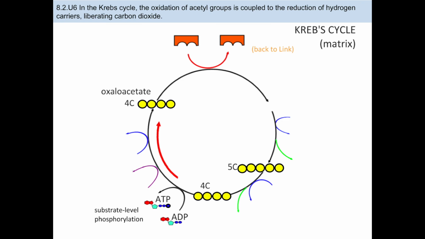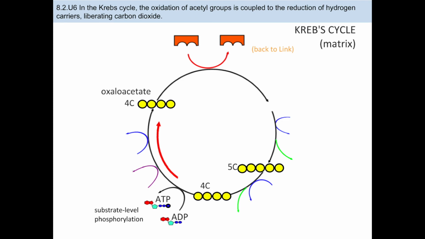ATP. Remember substrate level phosphorylation? It means direct addition of phosphate. Where will the phosphate come from? Probably from here. I didn't draw the whole molecule, I just drew the carbon. But if ADP is phosphorylated into ATP, where will the phosphate come from?